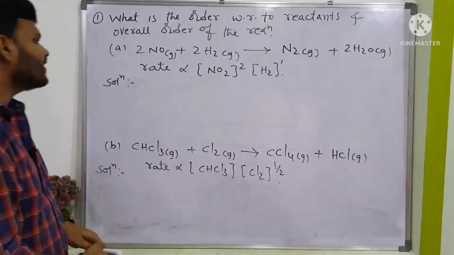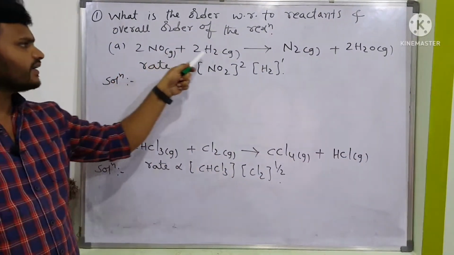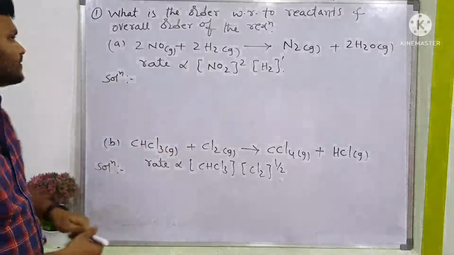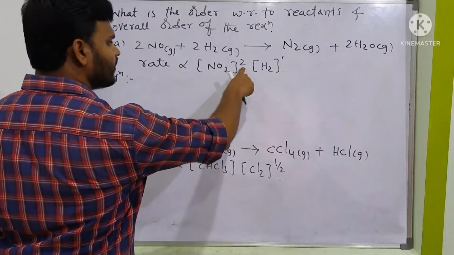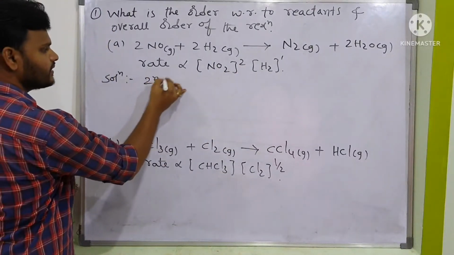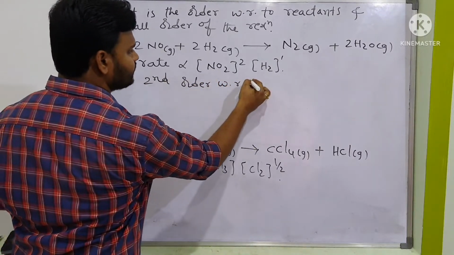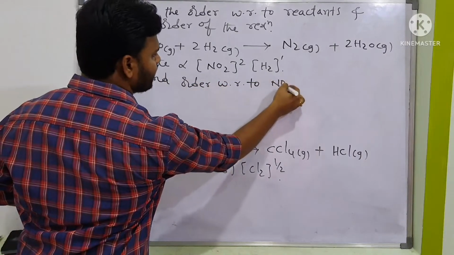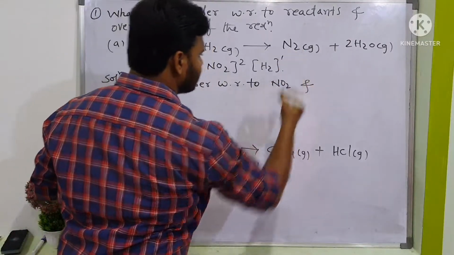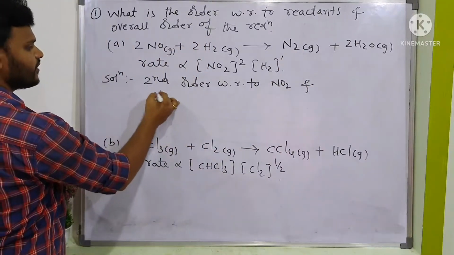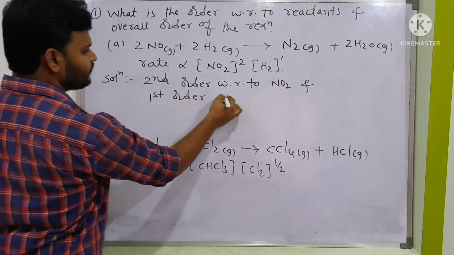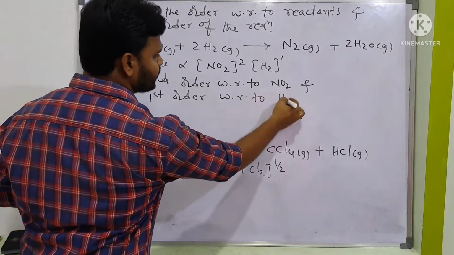ठीक है. So what are the reactants here? NO is reactant and H2 is the reactant. So NO, what is the power? 2. That indicates second order with respect to NO reactant and first order with respect to H2.